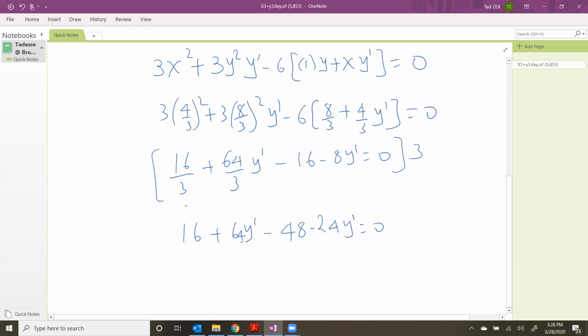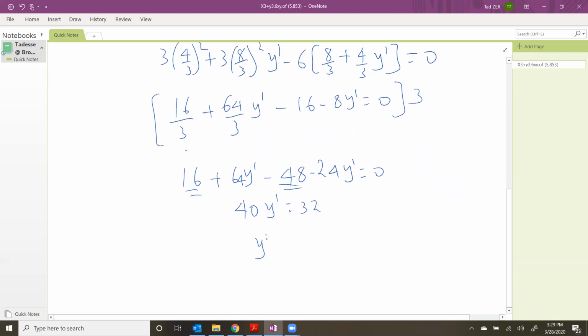So 64 y prime minus 24 y prime, this is 40 y prime, equal to, now what is 48 minus 16? So that is 32. So the value of y prime is 32/40, which is the same as 16/20, which is the same as, if you simplify, 8/10, which is 4/5. So that will be the slope.